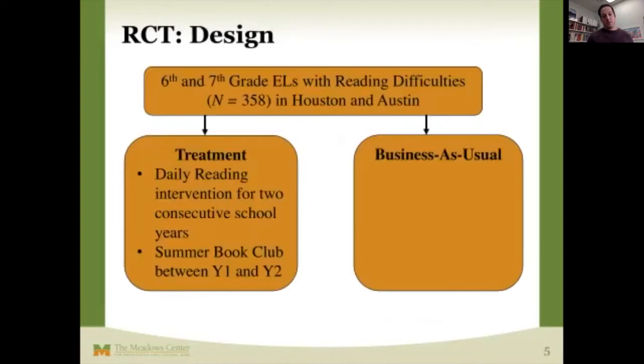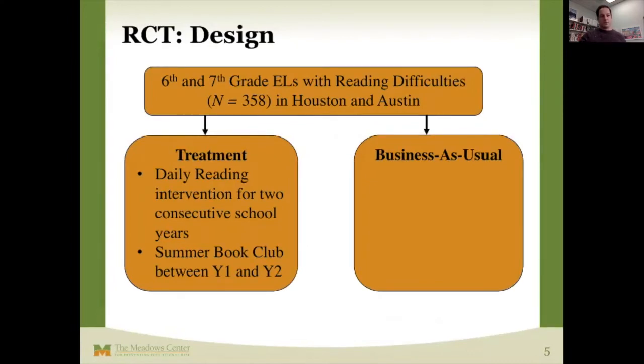So it was an RCT. Randomization occurred within school site to treatment or business as usual condition. The treatment involved 2 consecutive years of intervention. So students randomized to treatment were scheduled into a reading intervention period, class, where they received instruction from a research team instructor.